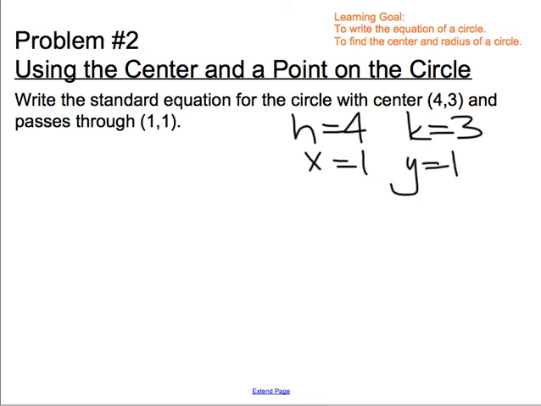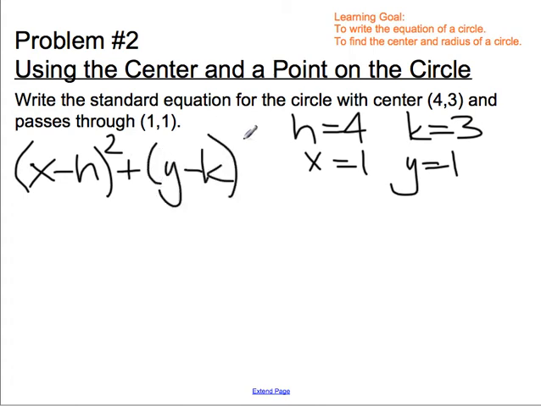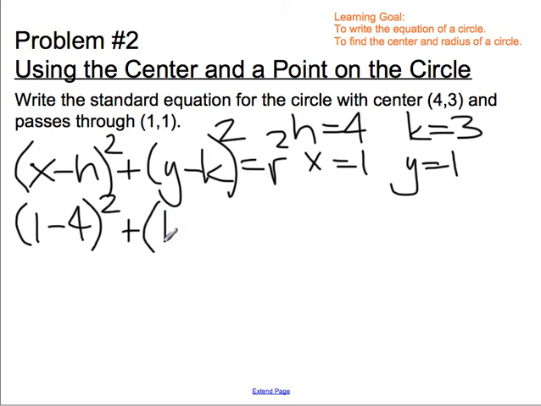So using this information, we'll set up the general form for the equation of a circle. We have x minus h squared plus y minus k squared, and that's supposed to equal r squared. So let's plug in what we know. We have 1 minus 4 squared, and we're going to add to that 1 minus 3 squared.